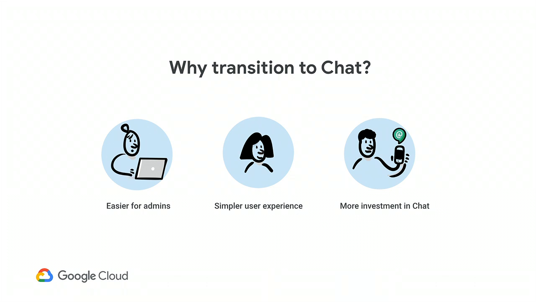For your end users, it means bringing all of your users into one communication place so they can feel confident about being able to reach anyone. And in addition to all of that, we are investing a lot in chat. We're building a lot of exciting new features. So it means that everyone gets access to those features as well.